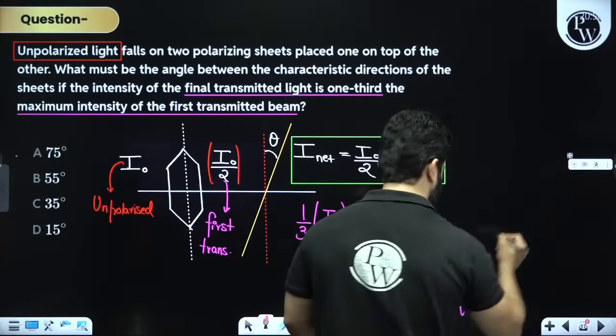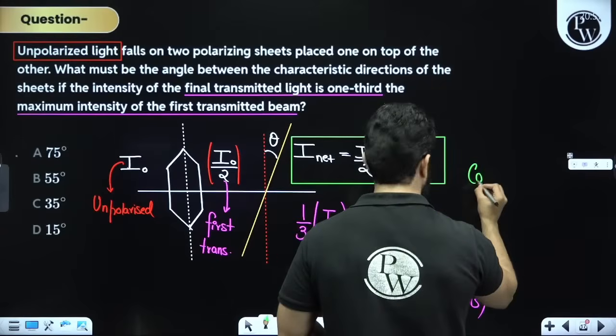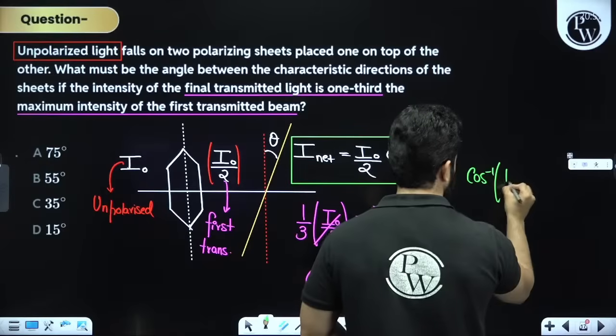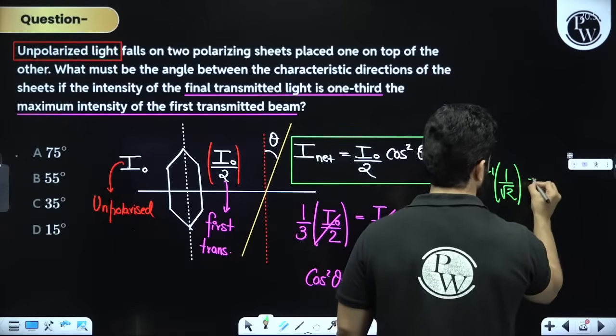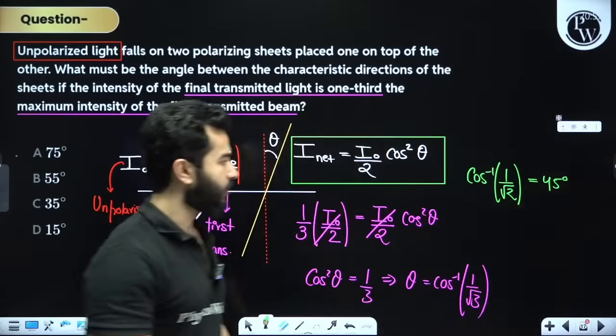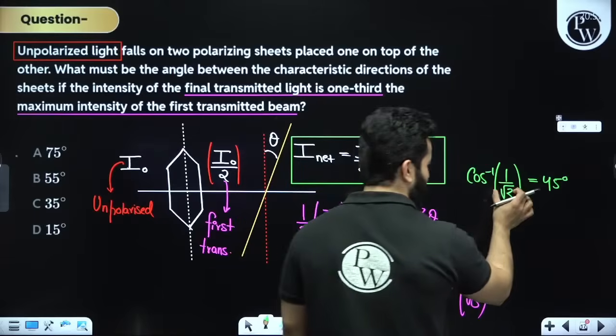Friends, 1 by root 3, please understand, cos inverse 1 by root 2 is 45 degree. And now this value is decreasing.